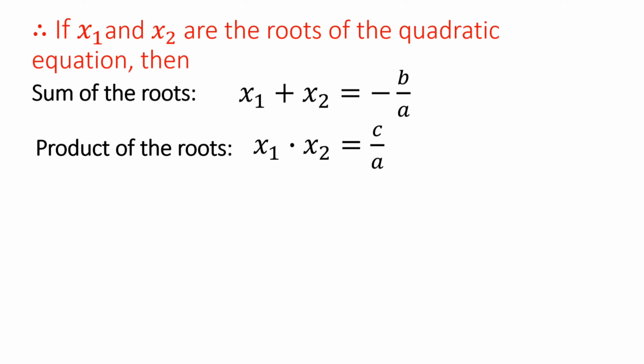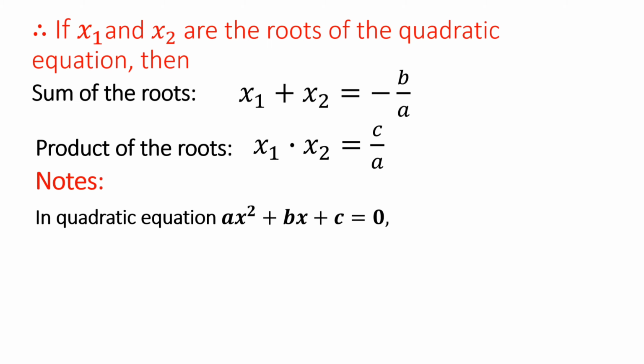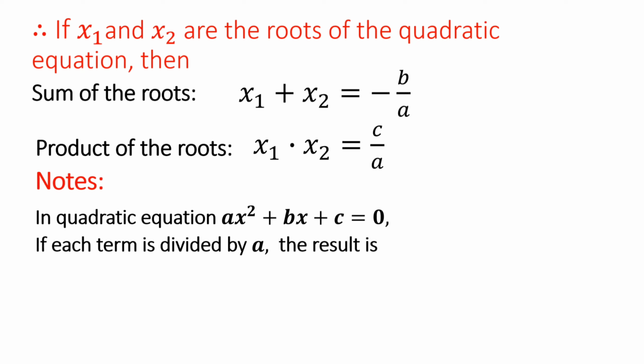Pero para mas maging madali, tandaan natin na in a quadratic equation ax squared plus bx plus c equals 0, pag dinivide natin yung bawat term ng value ni a, ang magiging result nito ay x squared plus b over a of x plus c over a equals 0.